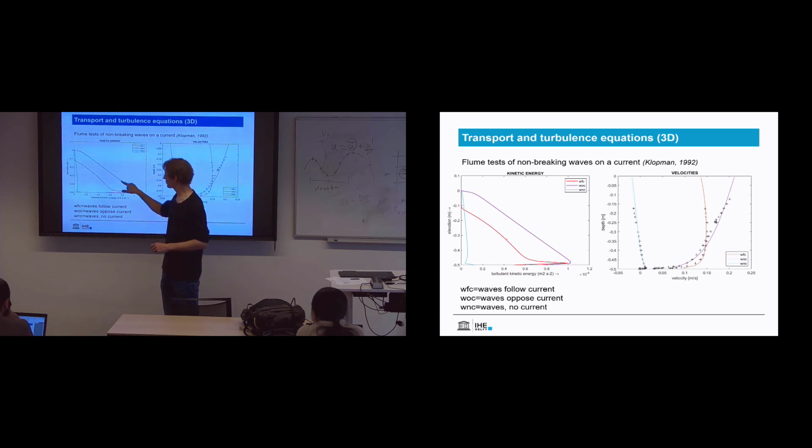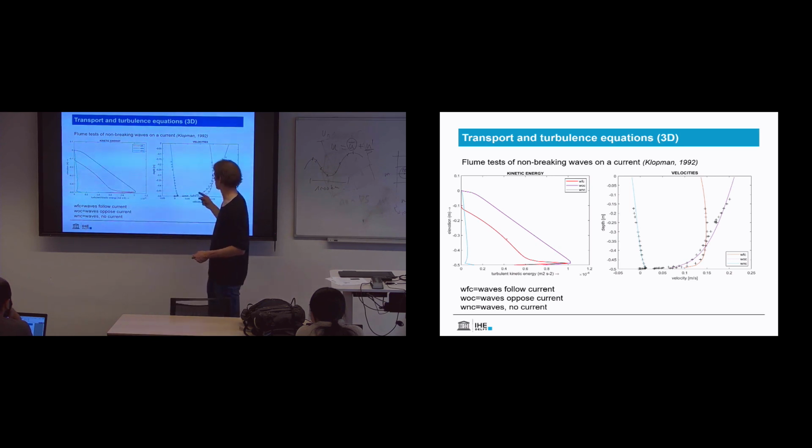So the only contribution can be of density, but this is a flume test where the density is fresh water, so there's no density difference. The only contribution to kinetic energy production here is the velocity shear. So the difference in velocity in subsequent layers of the curve.